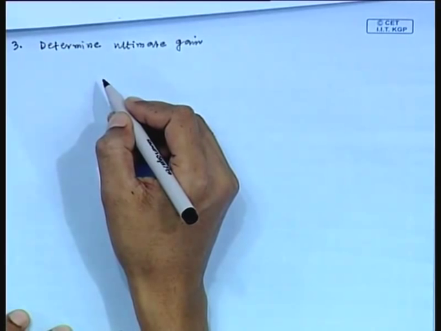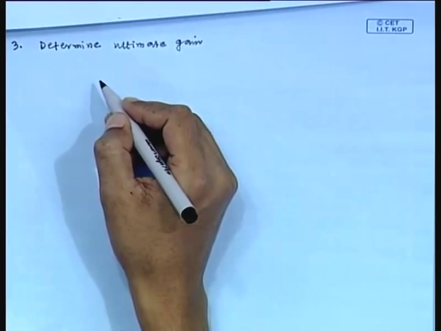That Kc value is basically ultimate gain. Fine. So, ultimate gain means the process gain that provides the condition of amplitude ratio equal to 1 at phi equal to minus 180 degree.